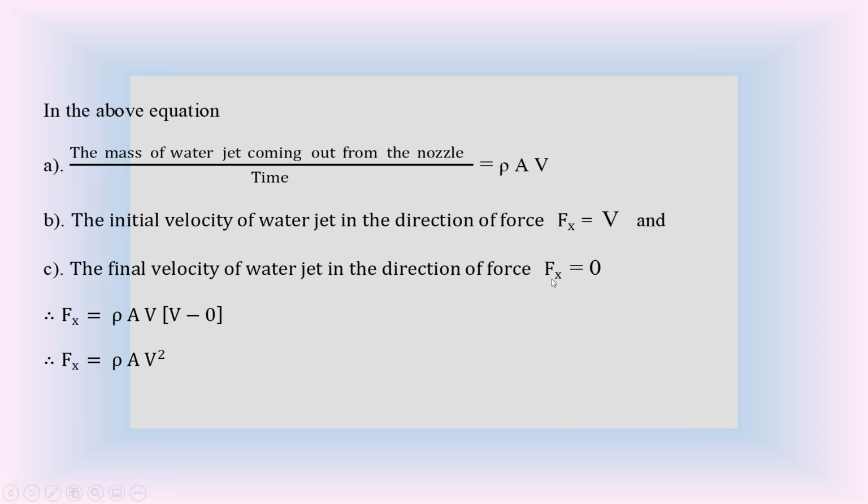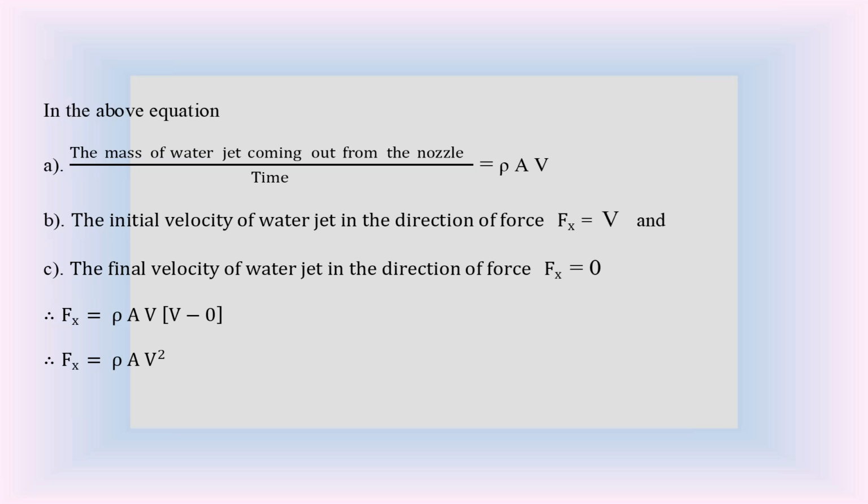So with this force Fx, final velocity is making an angle of 90 degrees. So this final velocity of water jet in the direction of force Fx is 0. According to Newton's second law, this force Fx is equal to rho A V into V minus 0. So you will get the equation for the force Fx as rho A V squared.